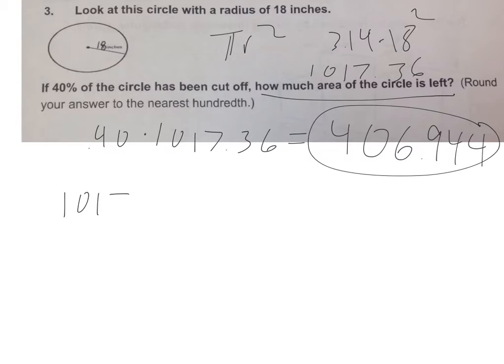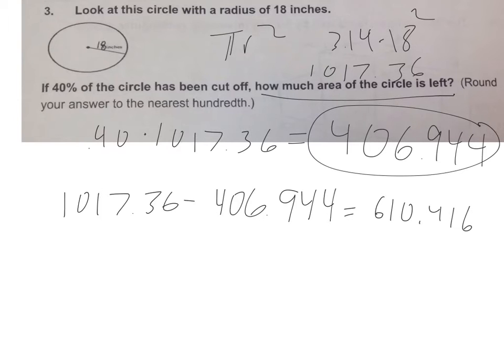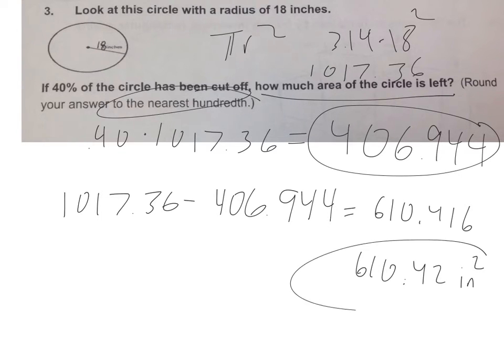So we do 1,017.36 minus the 406.944. And when we do that, you end up getting yourself 610.416, but it says round to the nearest hundredth, so that's going to be 610 and 42 hundredths, and that will be square inches.